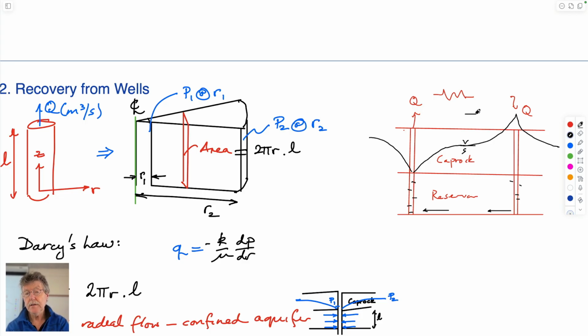This would be what we referred to here as P2, the pressure that is being re-injected, and this would be P1. And so I guess in some respect this would be a pressure distribution with space and with pressure.